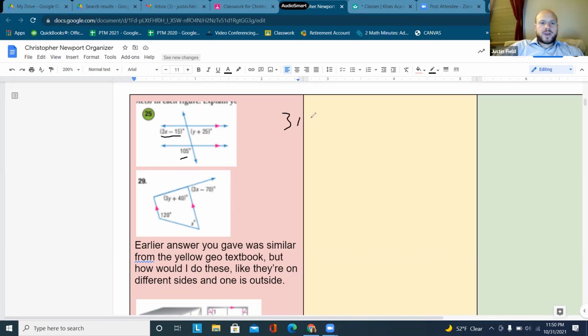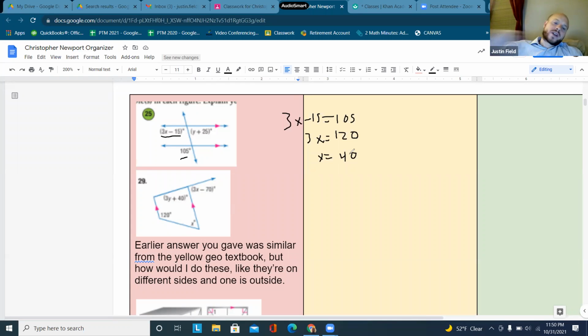So I can set up the equation 3x minus 15 equals 105 and solve that to find out what x is. And so when I do that, you add 15, 3x equals 120. And then you divide 120 by 3, and I think you get 40.